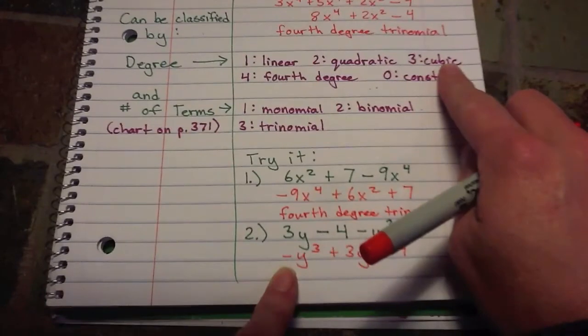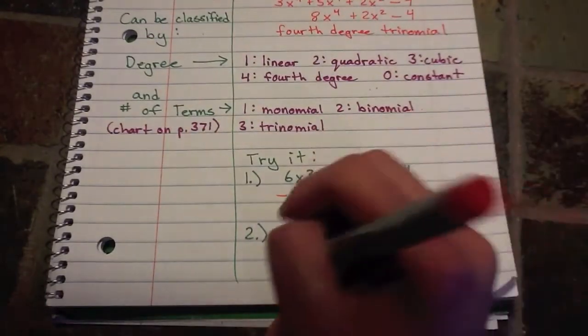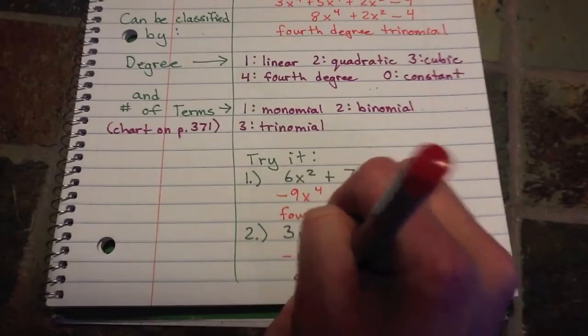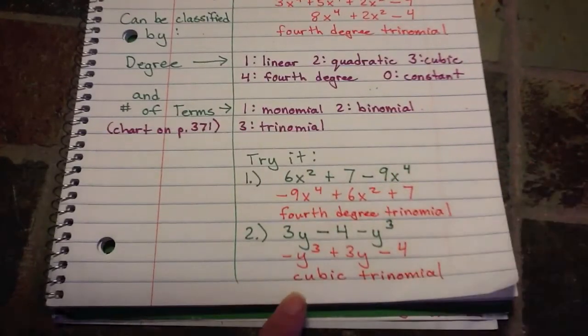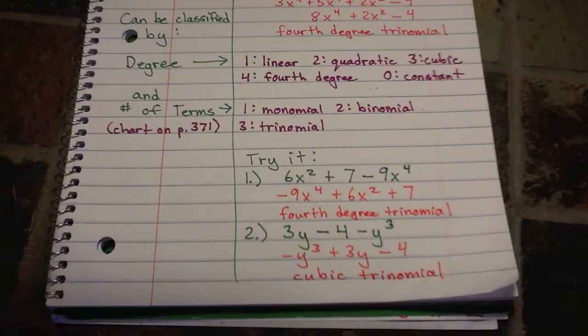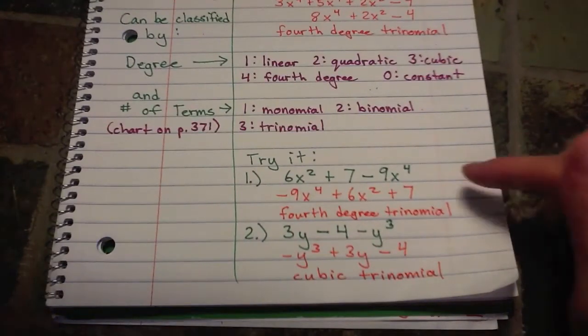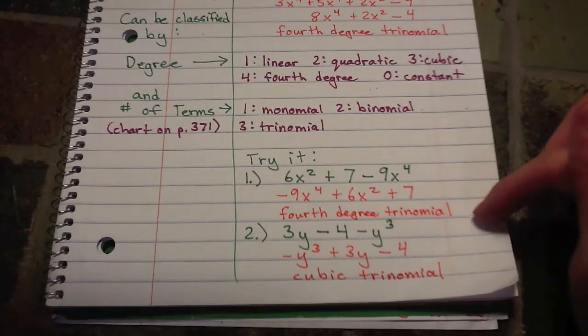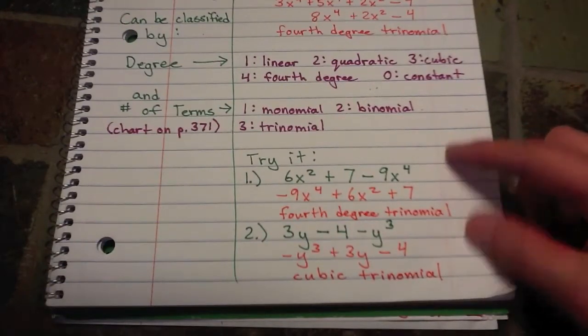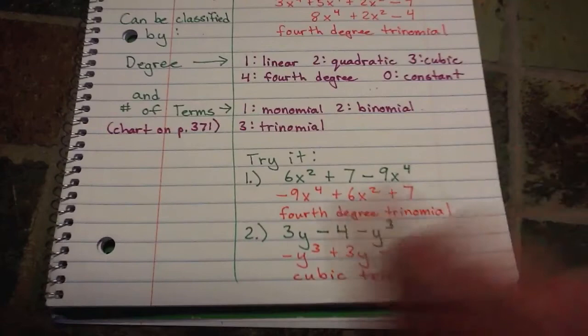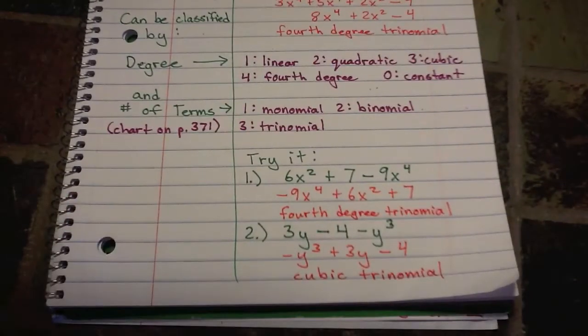So cubic trinomial. If you got both of those correct, then you understand how to classify and write in standard form with polynomials. If you didn't, go back and review the example or go look at the chart on page 371.